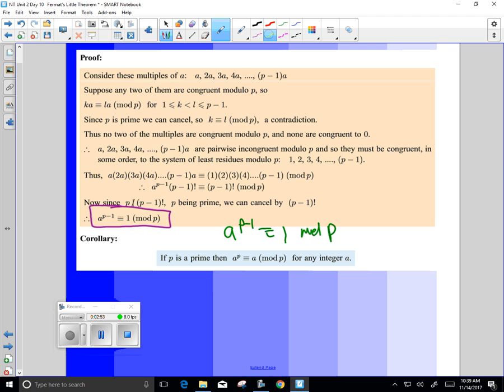So what they were looking at is, let's say that P does not divide A. So you can say that A to the P minus 1 is congruent to 1 mod P. And you can just multiply both sides by A. If P doesn't divide A, you can do this. So this becomes A to the what? A to the P times A to the negative 1 times A to the 1, which is just A to the P is congruent to A mod P.